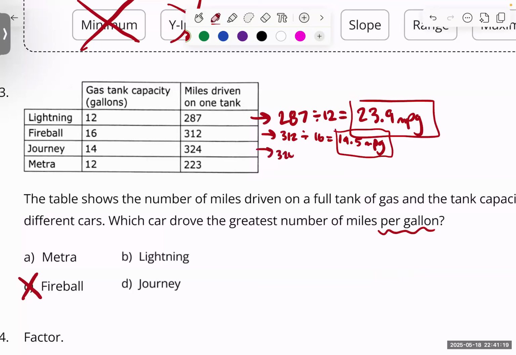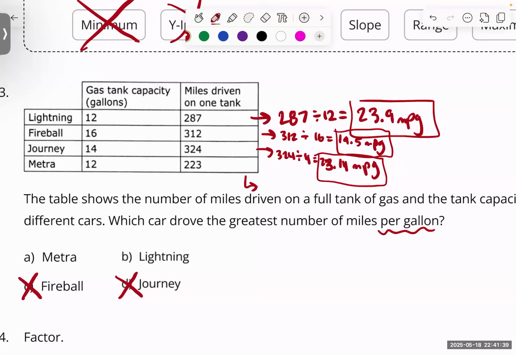All right, 324 divided by 14 is 23.14 miles per gallon. They're almost close together, but 23.9 is bigger than 23.1. So Journey is not the best so far.